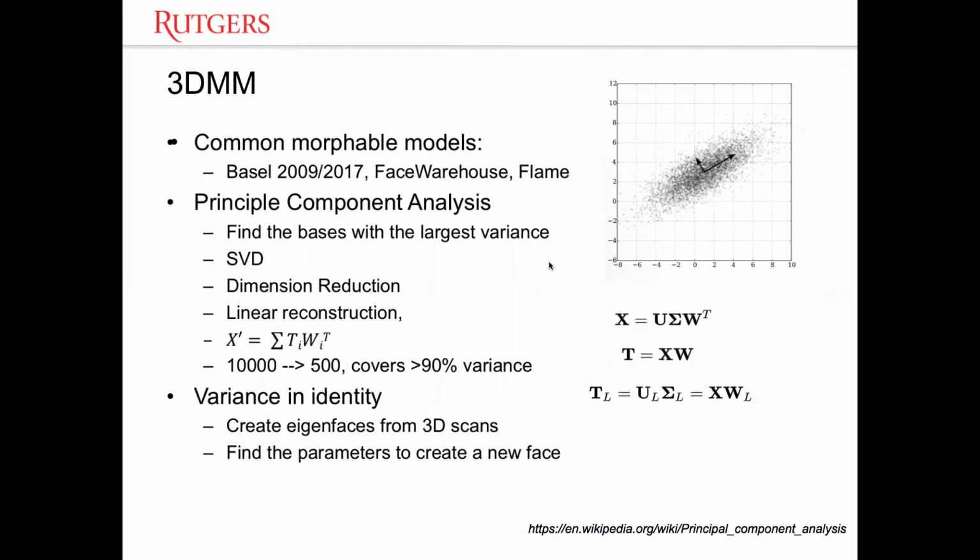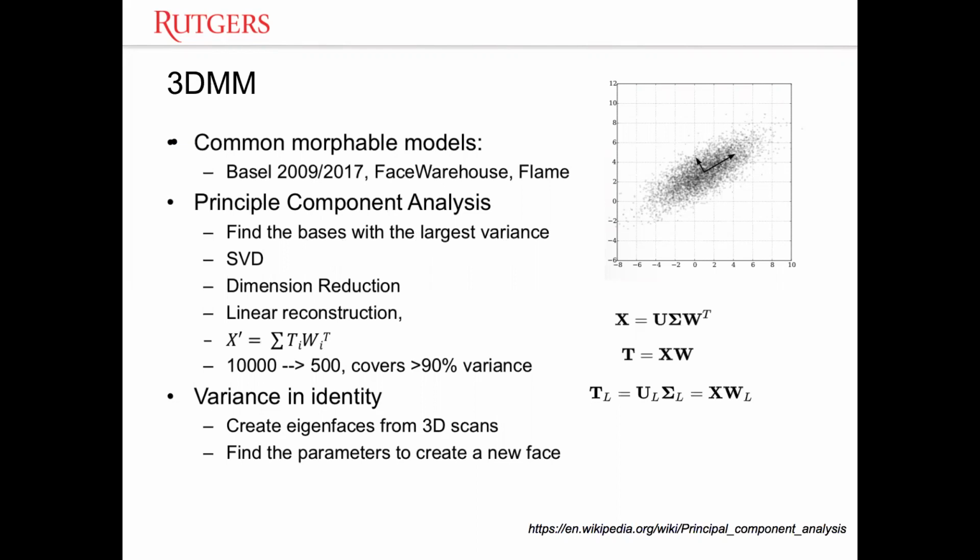Okay, so starting with the high dimensional vertex vector, what we are doing is principal component analysis. We find the basis with the largest variance from the data distribution.